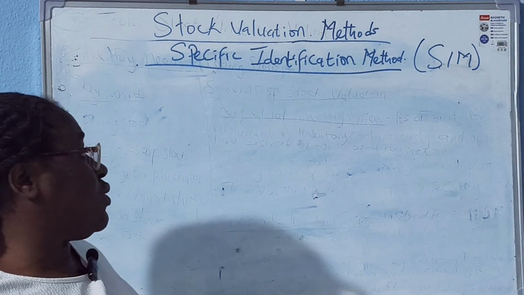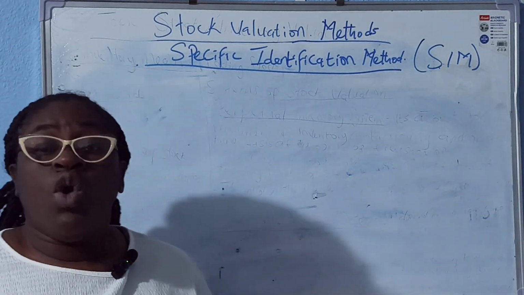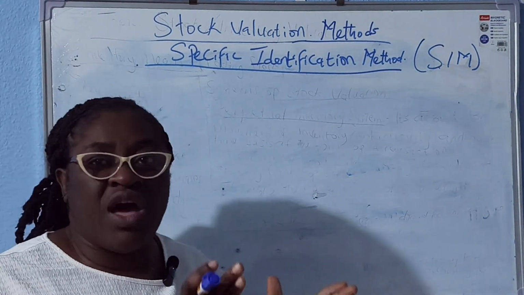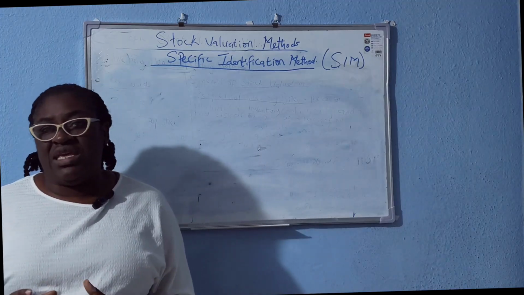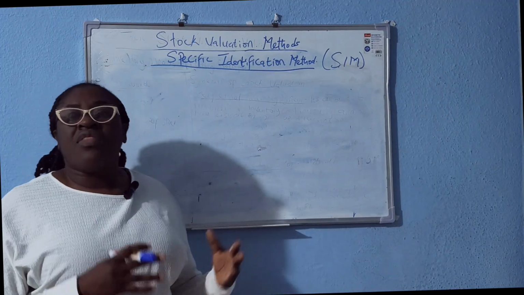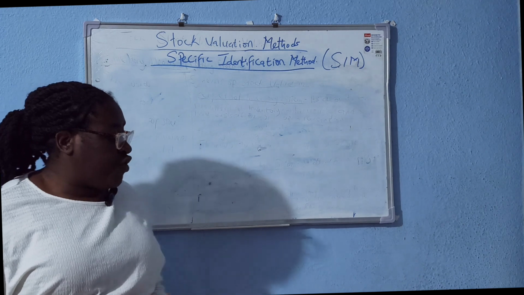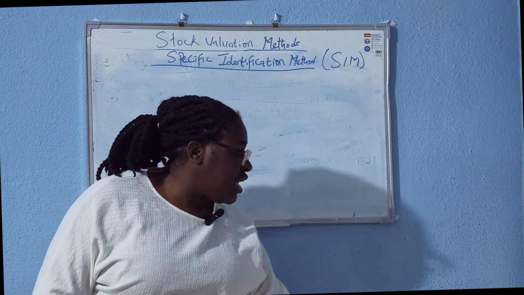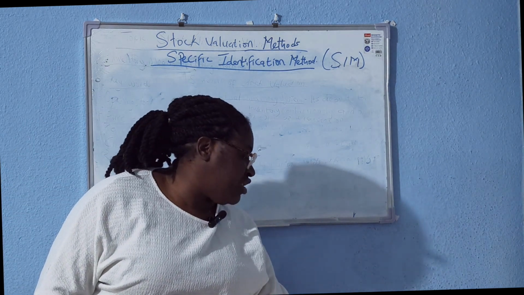In using the specific identification method, we look at each model specifically. We cannot use the weighted average method for such goods because they are expensive.